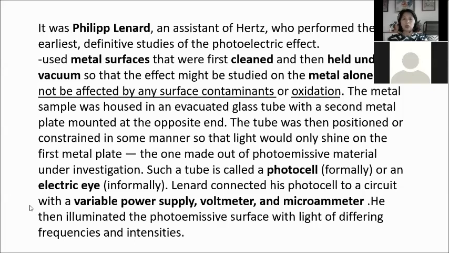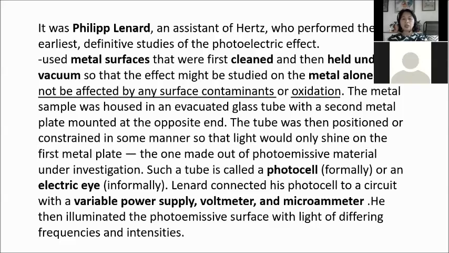The tube was positioned so that light would only shine on the first metal plate, the one made out of the photoemissive material under investigation. Such a tube is called a photocell or an electric eye.